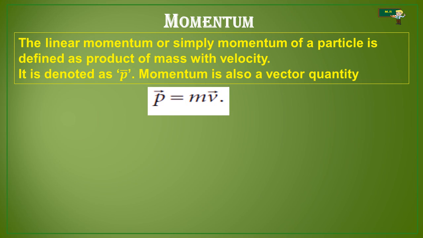Momentum is also a vector quantity which has magnitude and direction. So p is equal to m into v, that means mass times velocity. Students, the direction of momentum is also in the direction of velocity, and the magnitude of momentum is equal to the product of mass and speed of the particle. That's why p is equal to m into v.